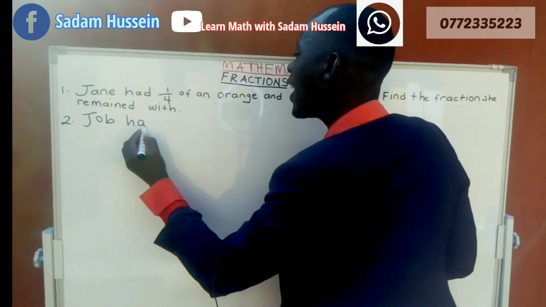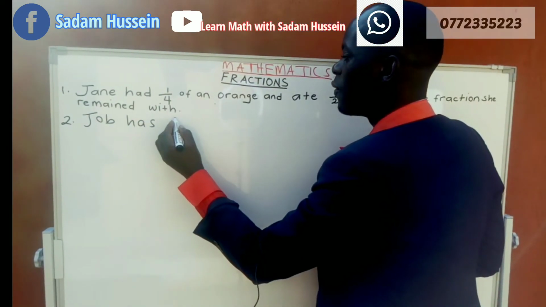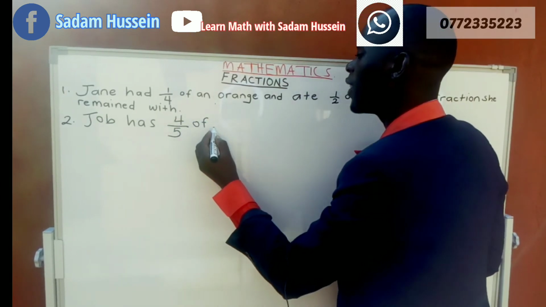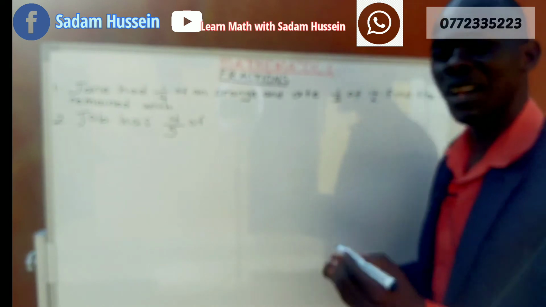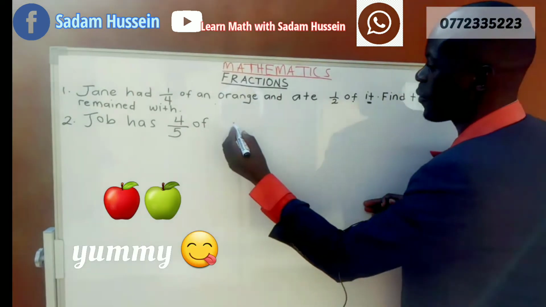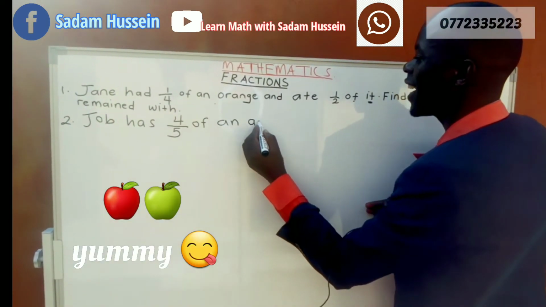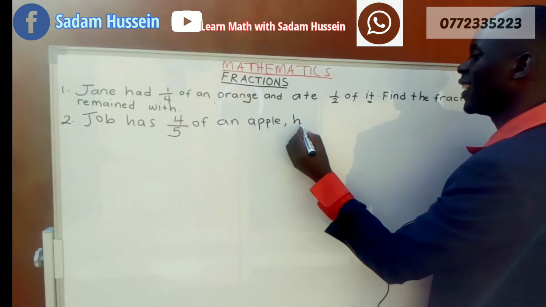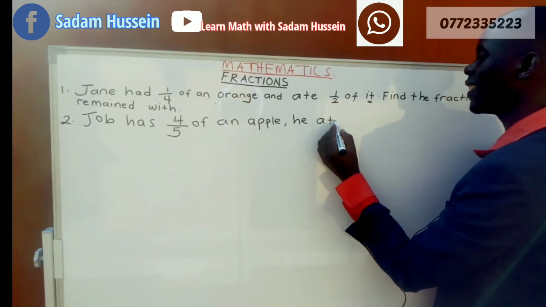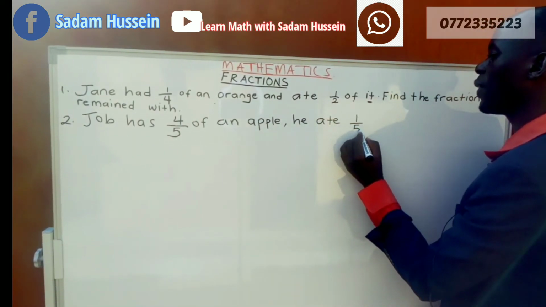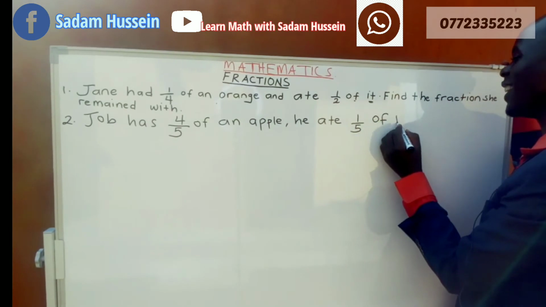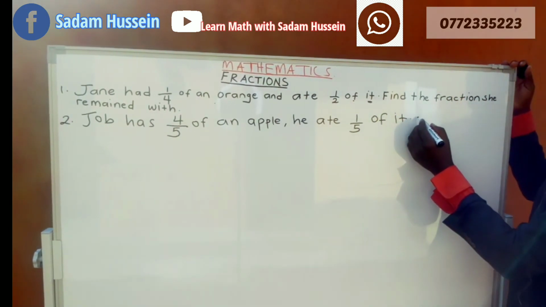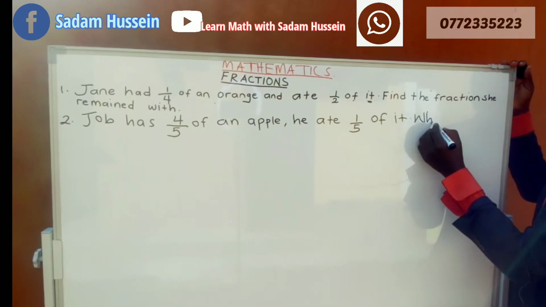Job had 4 out of 5 of, which fruit can we use this time? Of an apple. He ate a fifth of it.